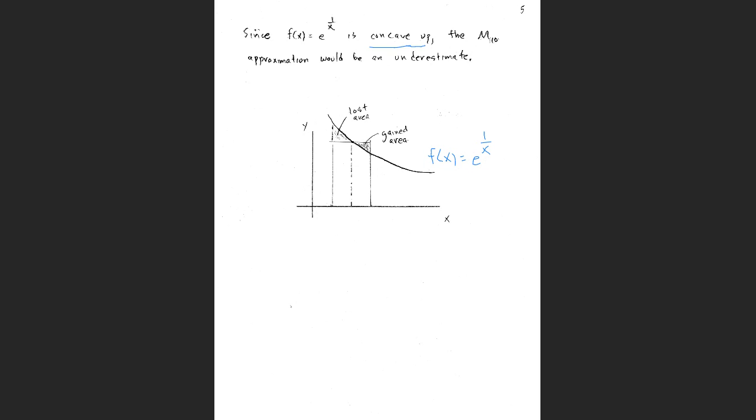You do have to look at the values you're working with, of course. You could also graph the function, and you would see that it looks like what I've drawn here, and it is concave up.